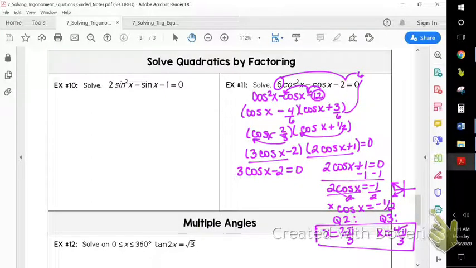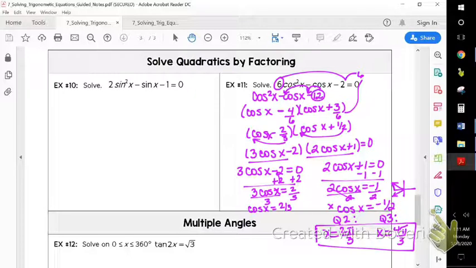Now, when we go to solve this other one, let's go ahead and do that. Oops, jumping ahead there. And so we're looking for where cosine of x is equal to 2/3. Now 2/3 isn't an ordered pair in my unit circle, but 2/3 is between -1 and +1 for cosine, which means these angles exist.